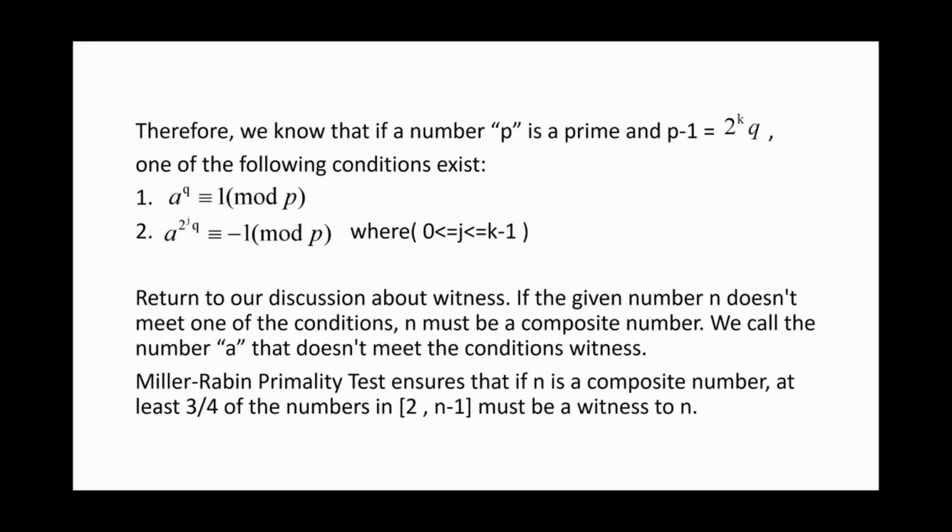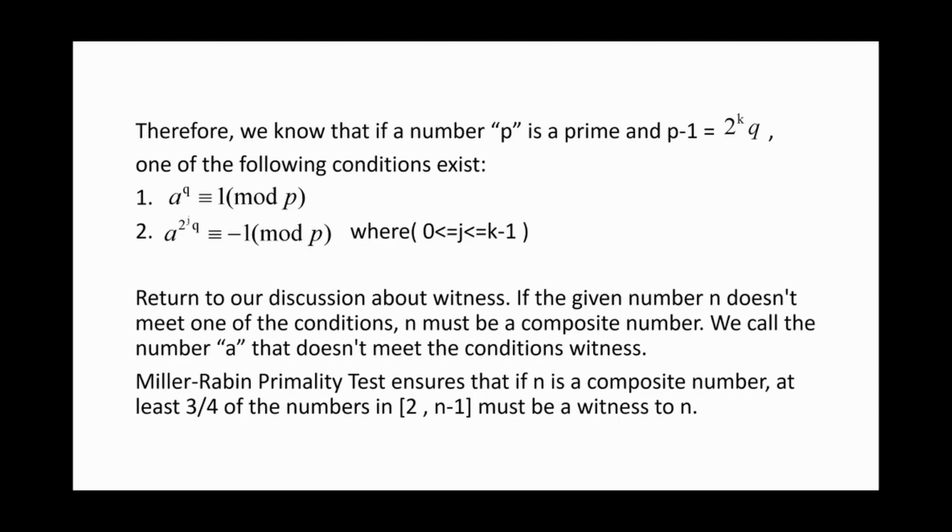We call the number a that doesn't meet the conditions a witness. Miller-Rabin Primality Test ensures that if n is a composite number, at least 3/4 of the numbers in 2 to n minus 1 must be witnesses to n. However, this claim is very hard to prove, so I won't introduce it in this video.